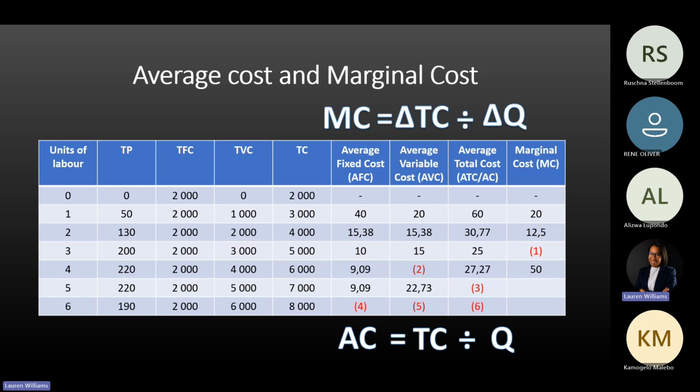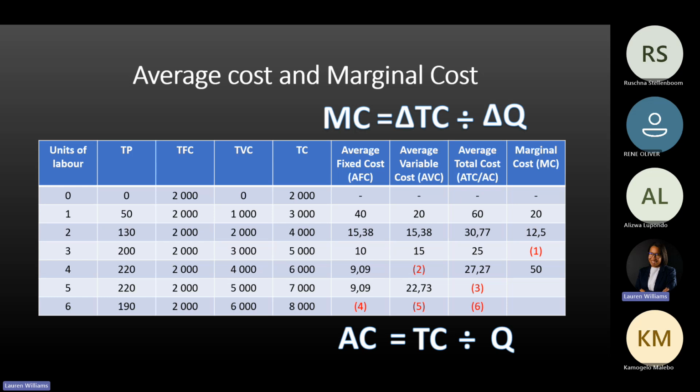One of the formulas, if you're looking at your average fixed cost, we said it's your total fixed cost divided by your quantity. That's the easiest way.